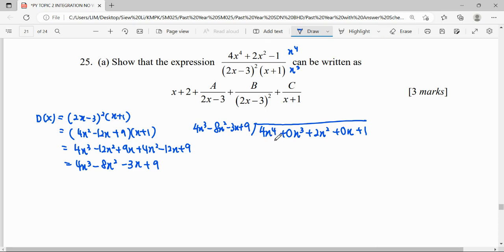So our first coefficient here is 1 times x. So expanding will become 4x^4. Then expand to the x squared here, x cubed. Expand to the 3x here.